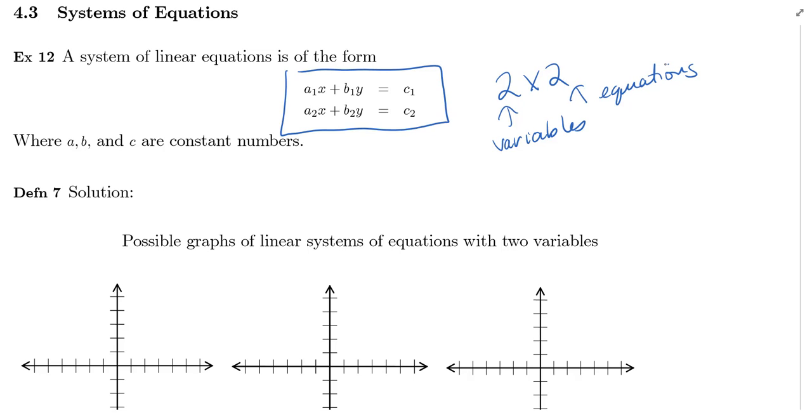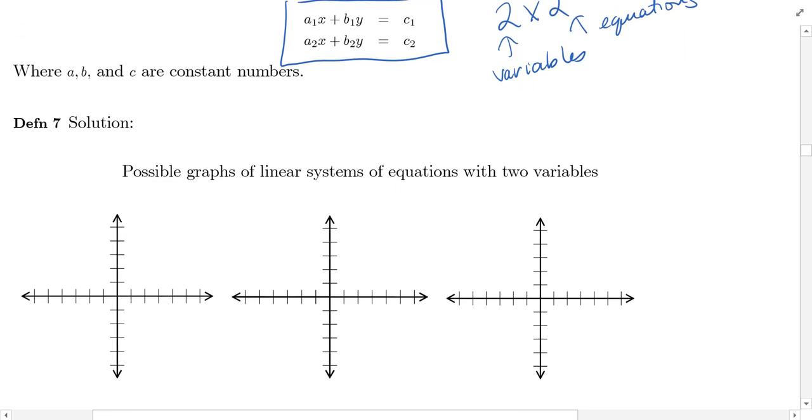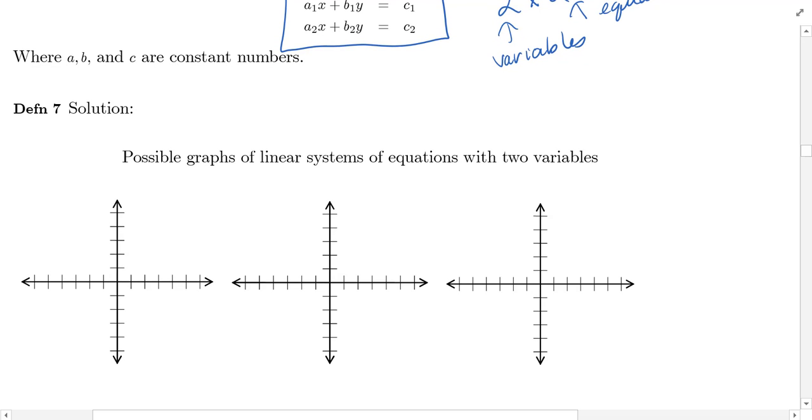So in this case, the a's here are just coefficients on x, the b's are just coefficients on y, and the c's are just constants. So some possible options, like I said, we're trying to figure out where things intersect. There's 3 different possibilities that we can have.